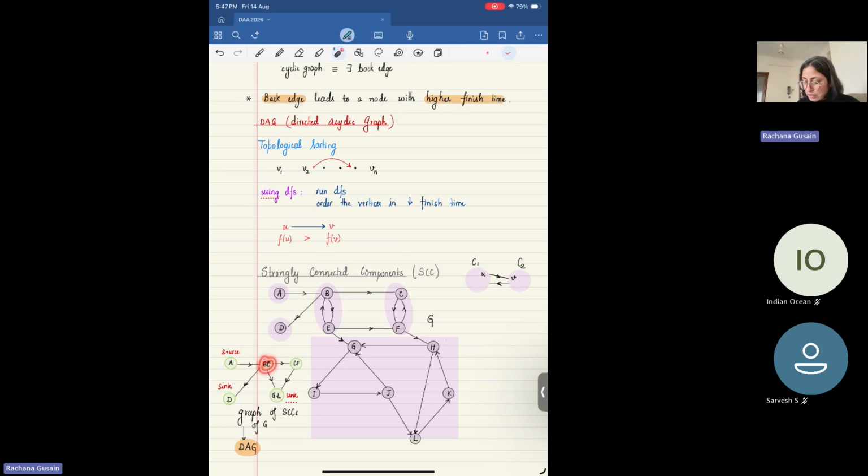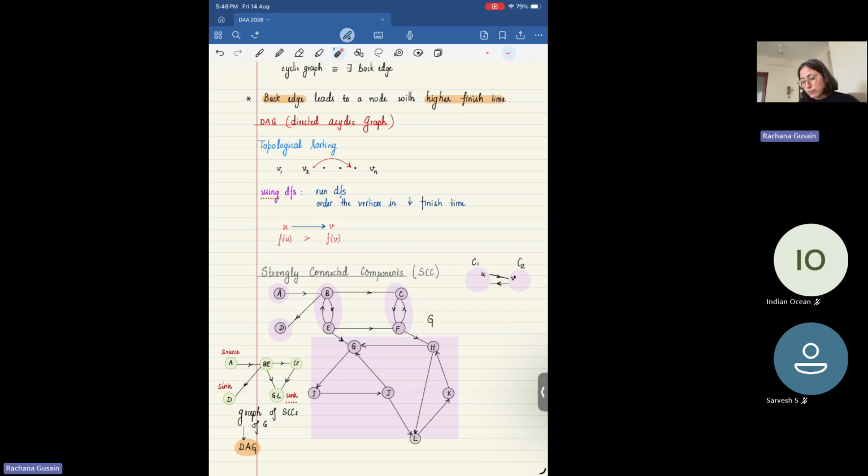Now BE has incoming edges as well as outgoing edges, so this is not a source or a sink. Similarly, CF is also not a source or a sink. But since this is a DAG, there will be at least one source vertex and at least one sink vertex. There can be more than one as well.